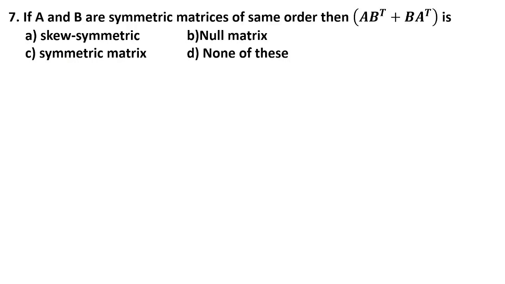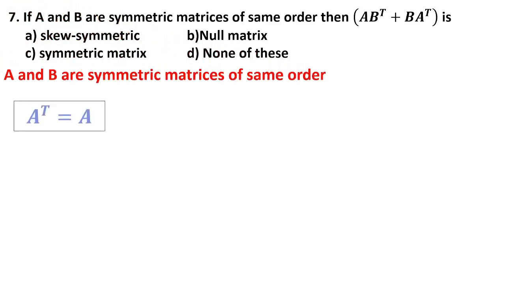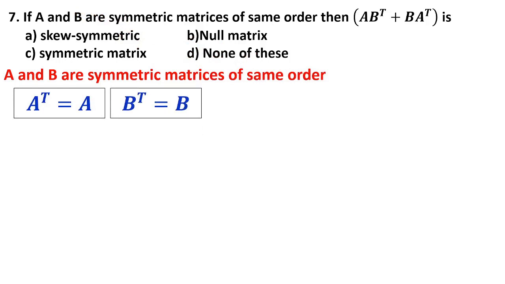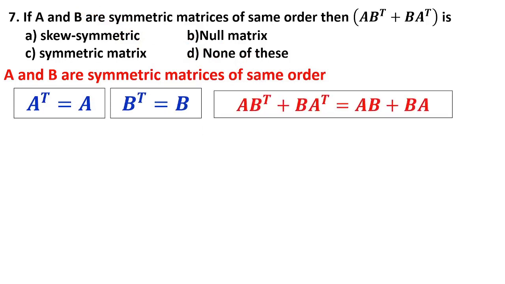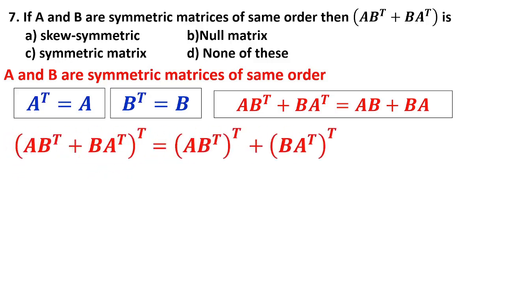If A and B are symmetric matrices, then AB transpose plus BA transpose. We have to find what it is. A and B are symmetric. Therefore, A transpose is A and B transpose is B. Therefore, AB transpose plus BA transpose is AB plus BA. Let us find its transpose now.